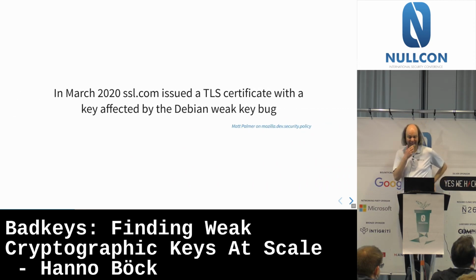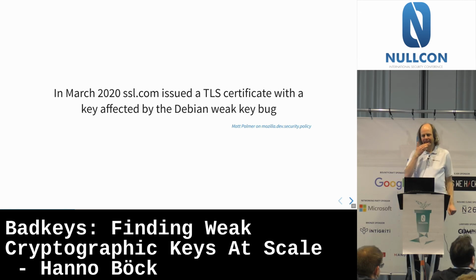In 2020, it was discovered that there was a TLS certificate issued by a real CA, a web-trusted certificate, with one of these Debian keys. And I actually checked, and found another certificate from 2021, which was a bit interesting because it was a key generated by OpenSSH, but used for a TLS certificate.